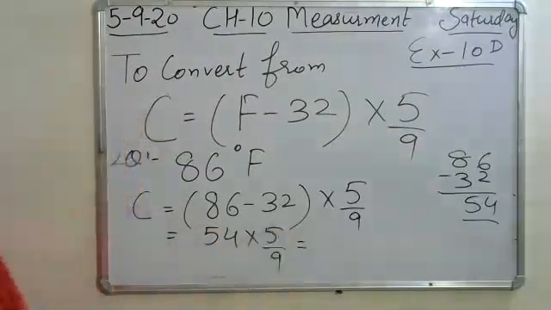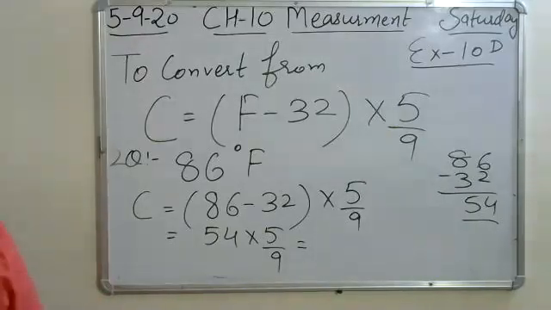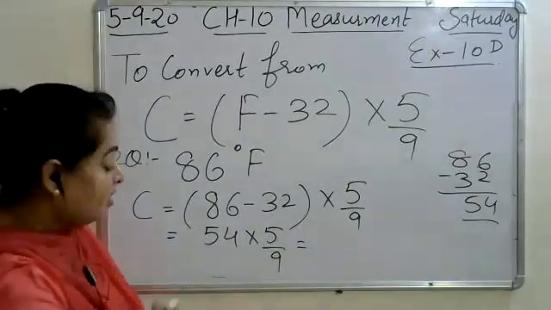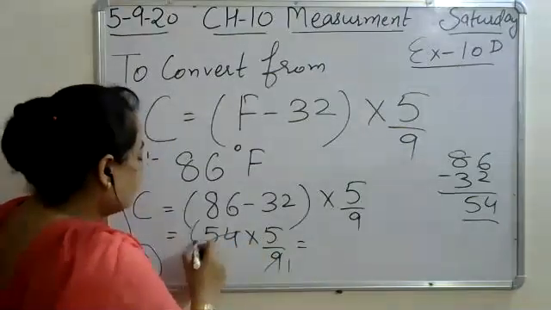Now tell me, is there any cancellation possible here? Write down in the chat box. I am waiting. Any cancellation possible here? On which table? Yes, in the table of 9. 9 ones are 9, 9 6s are 54.